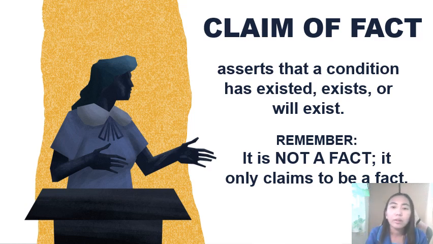So remember class that a claim of fact is not a fact. Again, class, it is not a fact. And we are using facts to support our idea, but again, it is not a fact. A claim of fact only claims to be a fact.